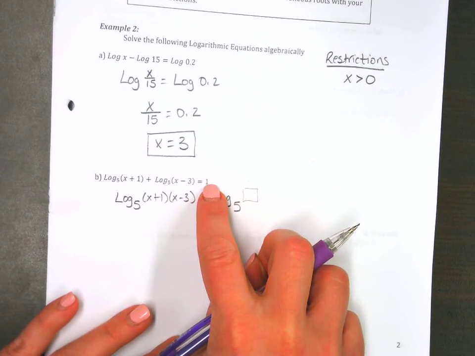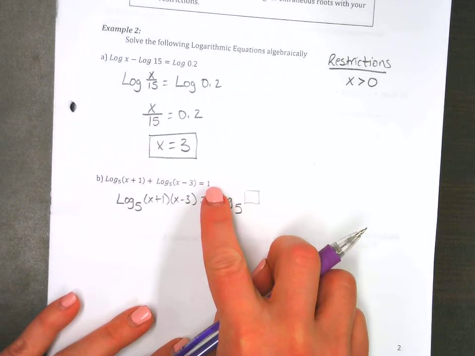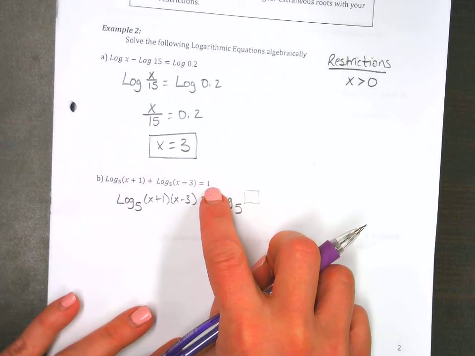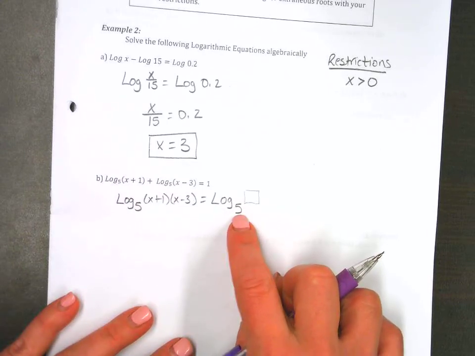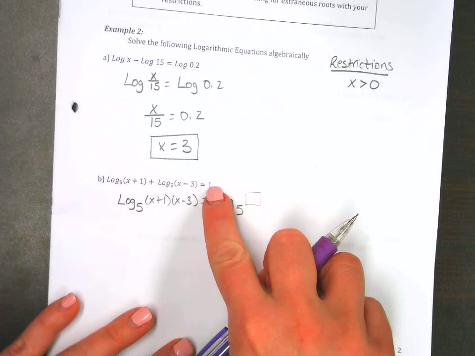So 5 to the power of 1 would be 5. So log 5 of 5 equates to 1. So now I've written this as a single logarithm.